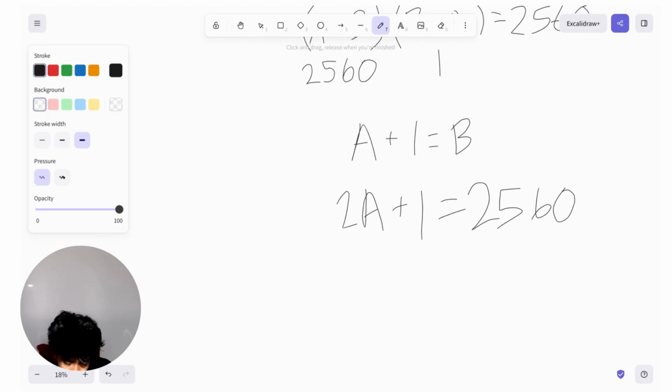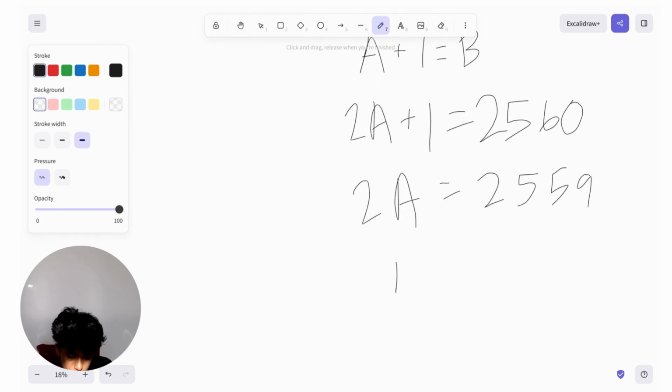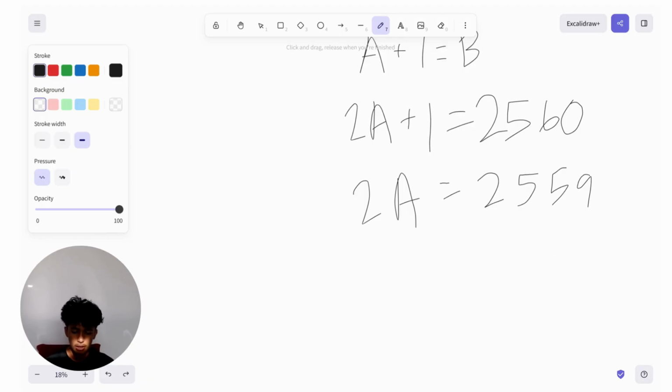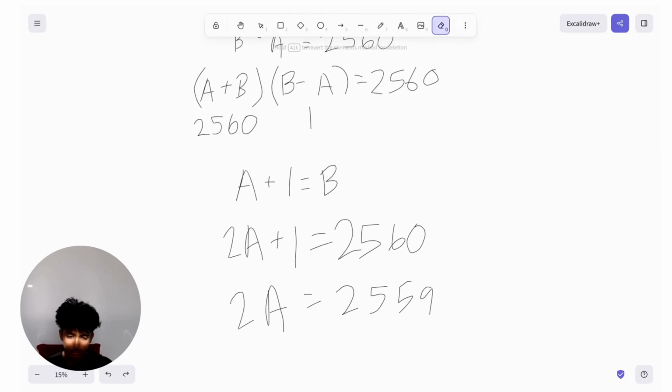So if we subtract 1 from both sides, then we get 2a is equal to 2559. Dividing both sides by 2, we get a is 2559 divided by 2. And this will not work because a has to be an integer and this term is not an integer. So let's try this with the next biggest value.